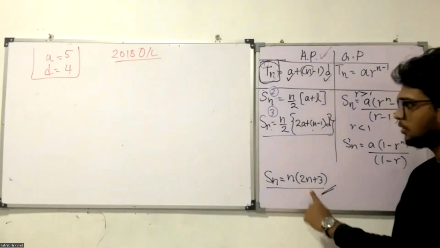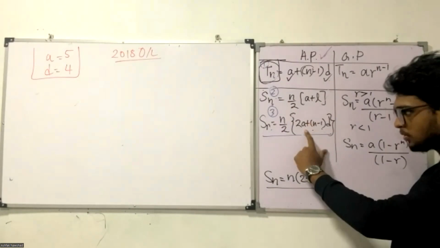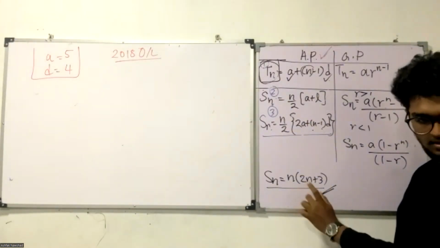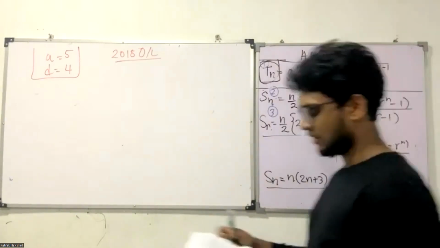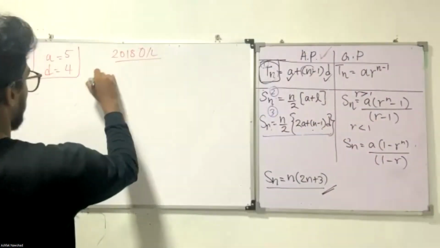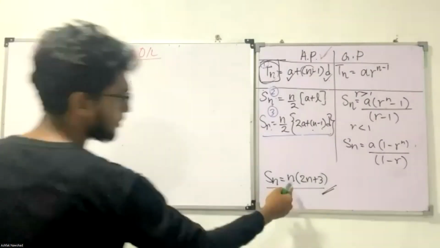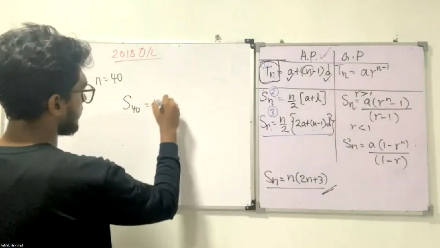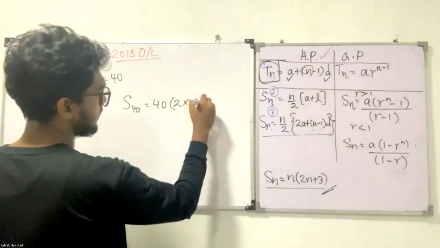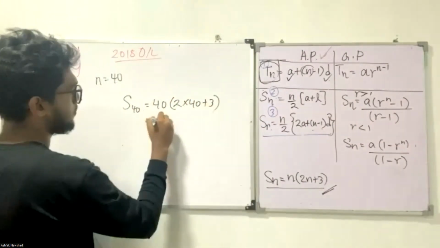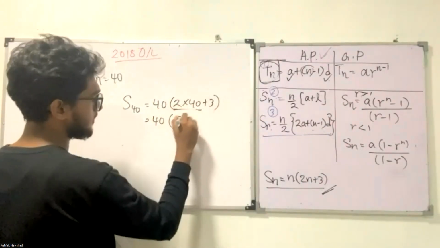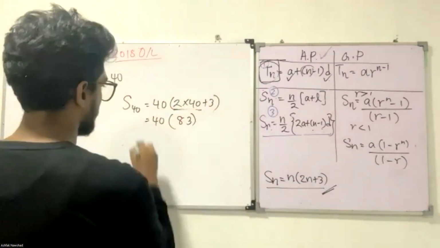You can use the other one and try, but it will take a bit longer. This is easy. So the number of circles is 40. n is 40. Let's substitute n here. S40 is 40 into 2 times 40 plus 3. 2 times 40 is 80, 80 plus 3 is 83. So what will be the answer?